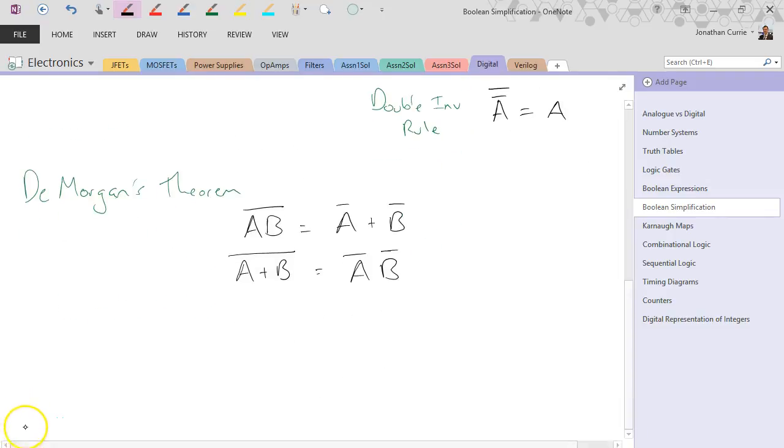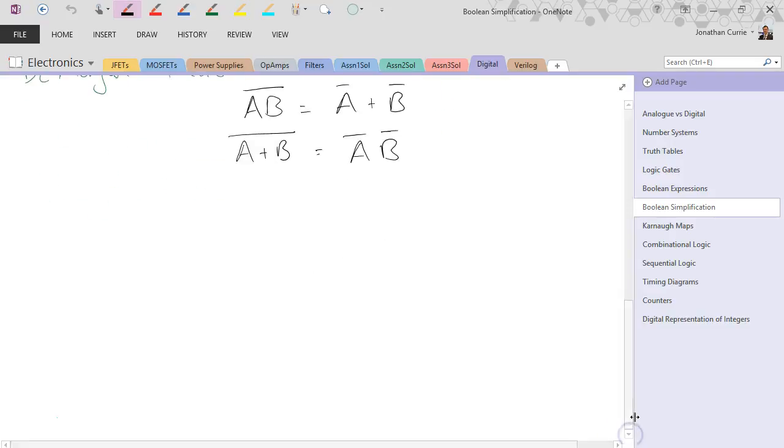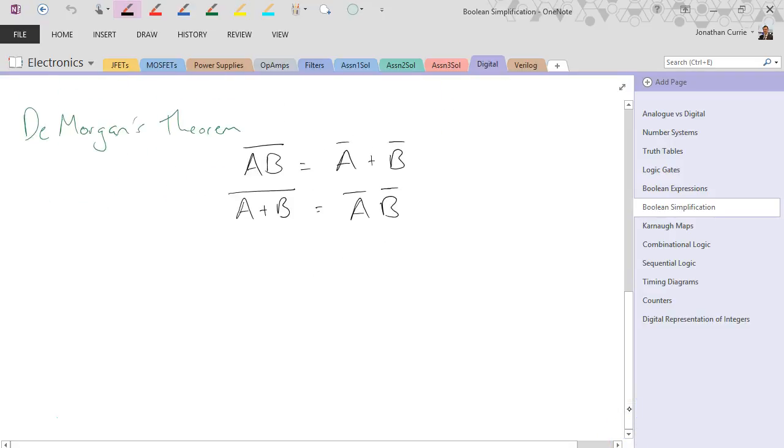So let's have a quick look at how this one actually works. De Morgan's rules allow you to take NAND or NOR gates and convert them to forms that may be easier to help you simplify your circuit.